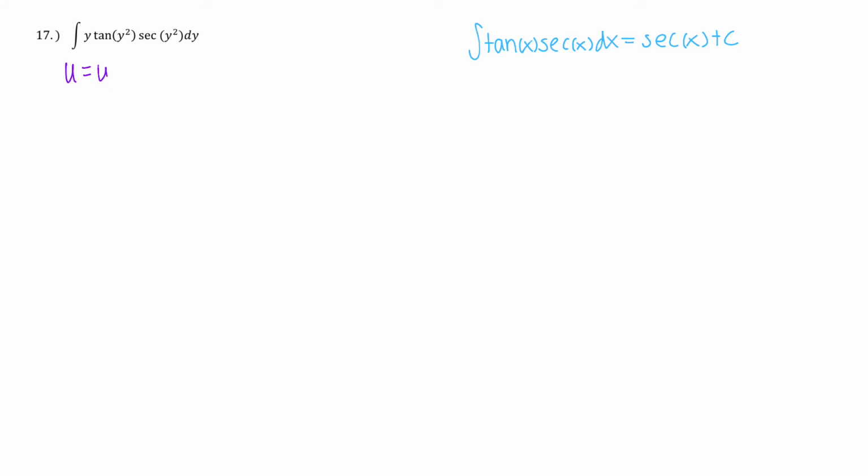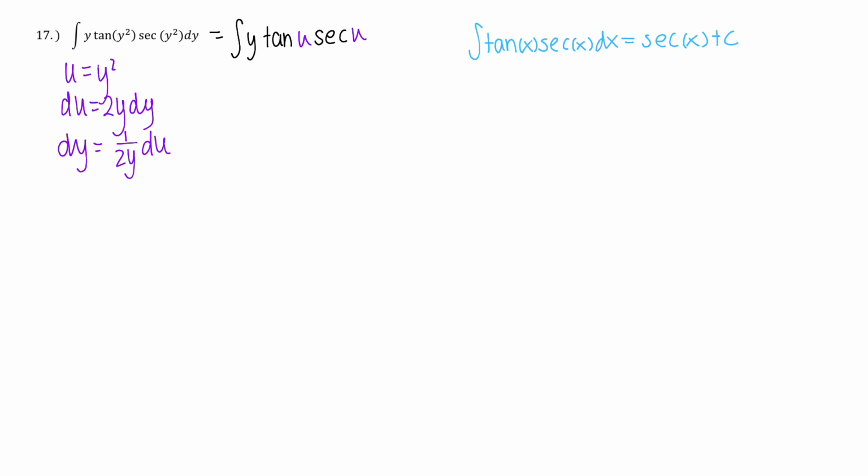So u is equal to y squared. My du is equal to 2y dy. dy is equal to 1 over 2y du. So we have this y out front. This is tangent of u, secant of u, times 1 over 2y du.